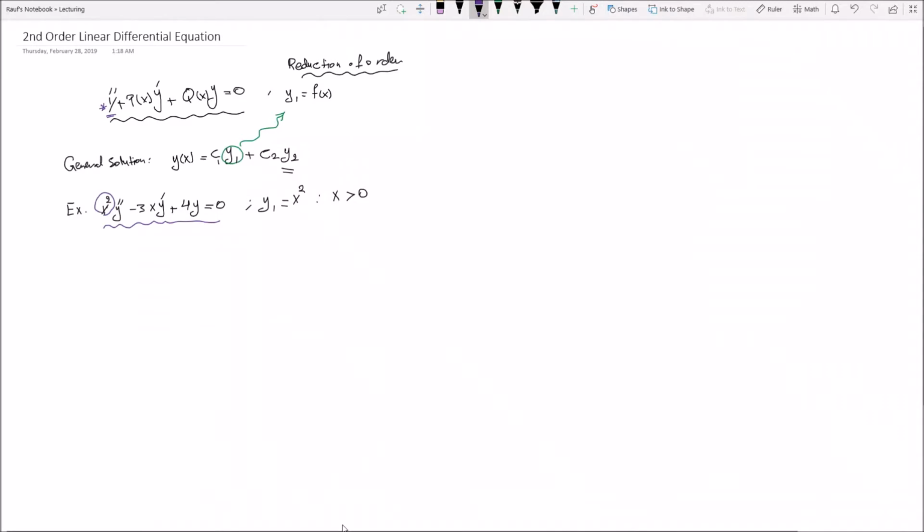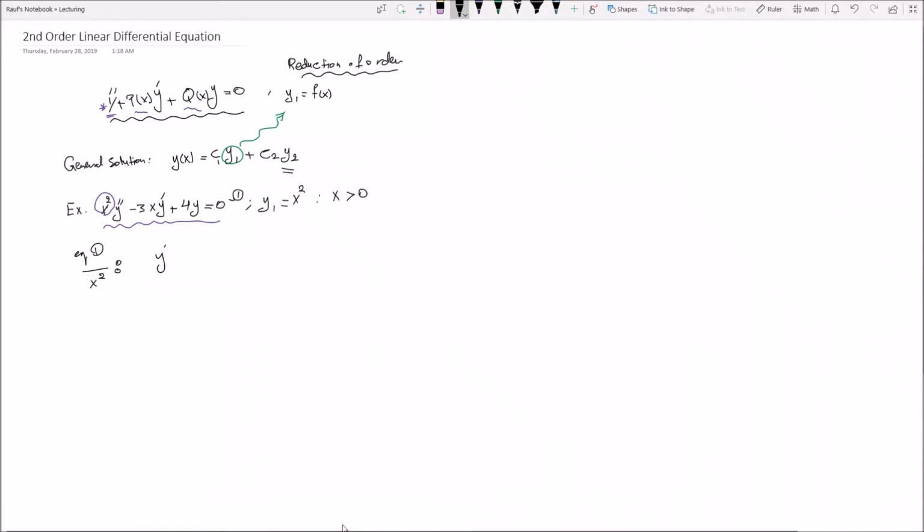Then we can relate the p of x and q of x as needed. To get rid of x squared we will divide. Let's call this equation number 1 just for simplification. So divide equation number 1 by x squared, and this will make the equation look like the following form.